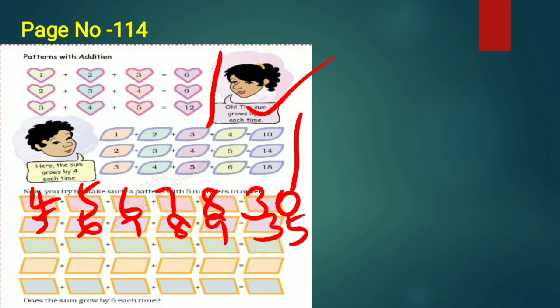If it is 30, then 35, the next will be 40, 45 and 50. Here you should start from 6, here you should start from 7, and the next one should be 8. These empty boxes, you are going to fill and send to me. You should complete page number 114.